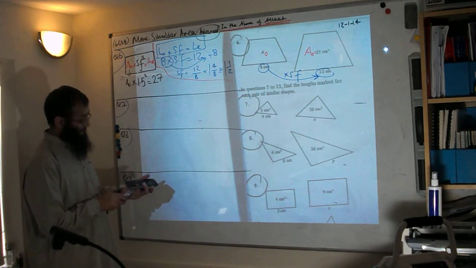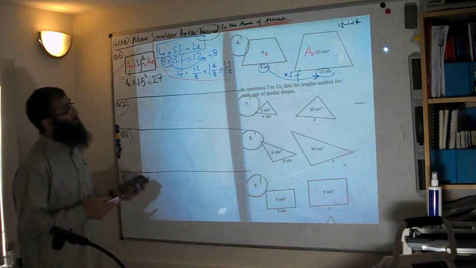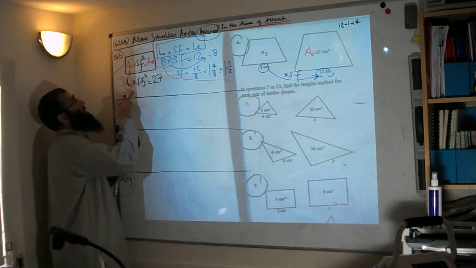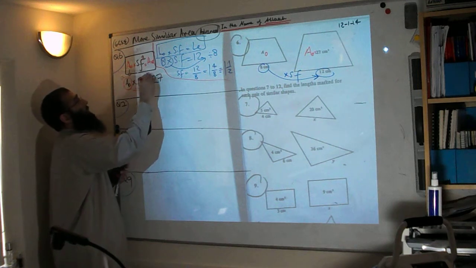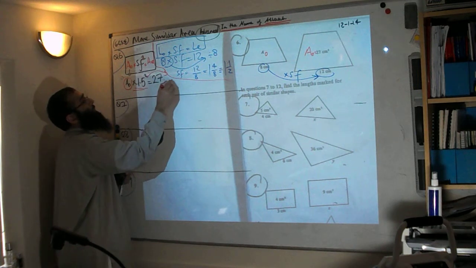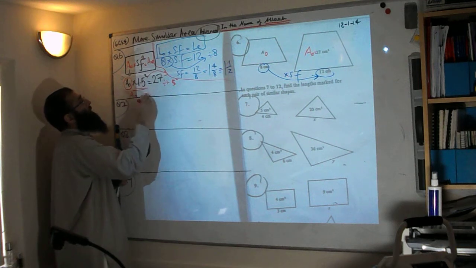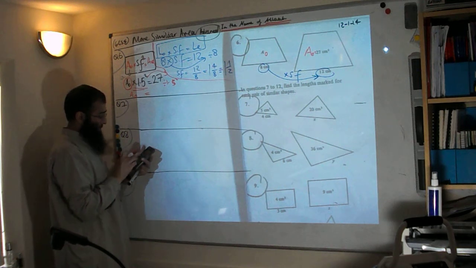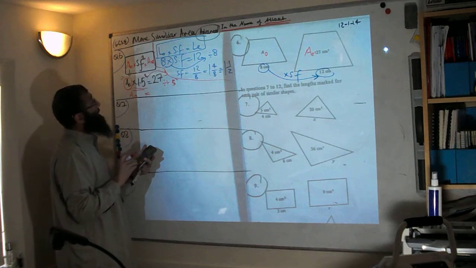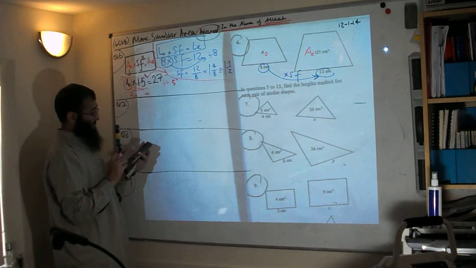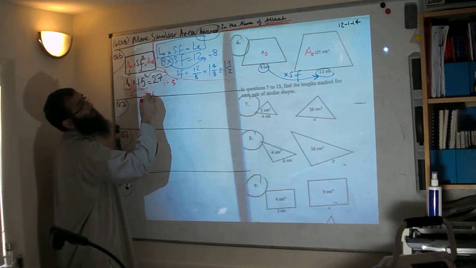If you want to work out the AO in this one, we have to move the multiply by 1.5 squared over. So divide by 1.5 squared. So the AO is equal to 27 divided by 1.5 squared, which equals 12.